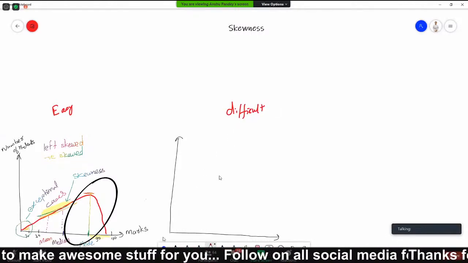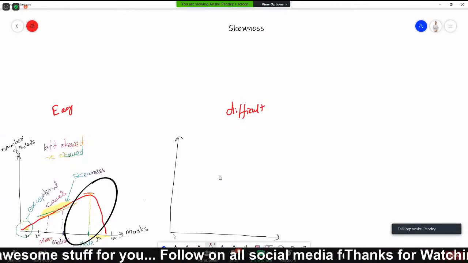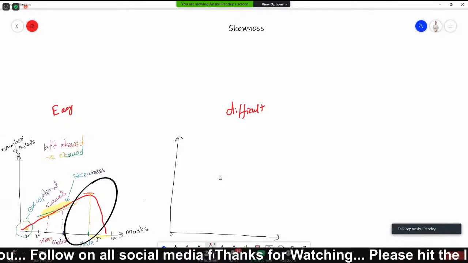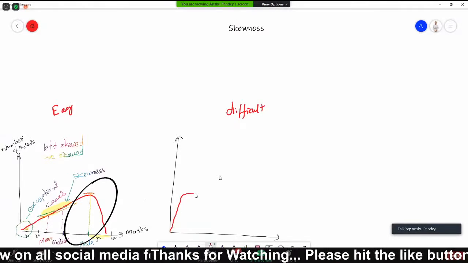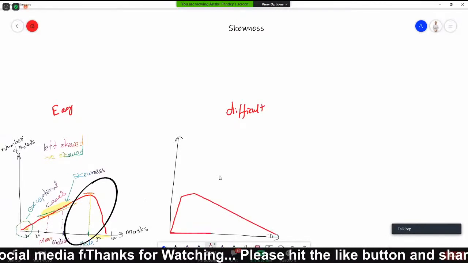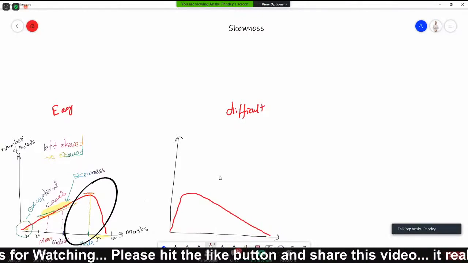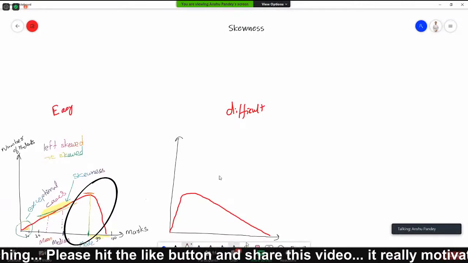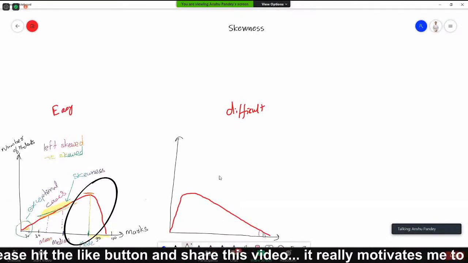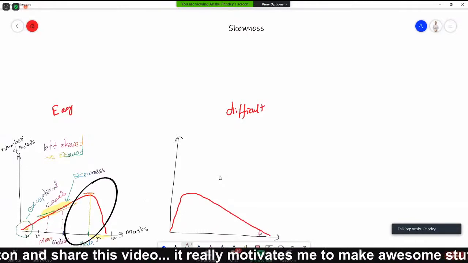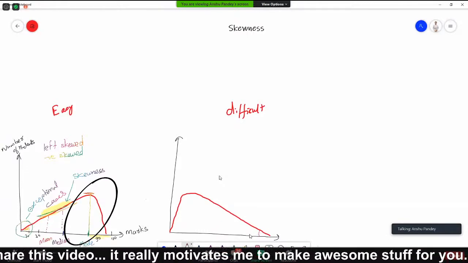If the exam was very difficult, the majority of the students will get low marks, so the data distribution will look like this. The majority of the students got low marks, but then there are a few exceptional cases, like many of you who got high marks even in a difficult exam. And these exceptional cases make the mean shift higher.